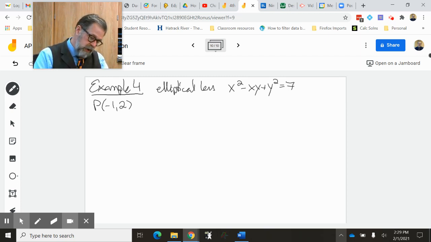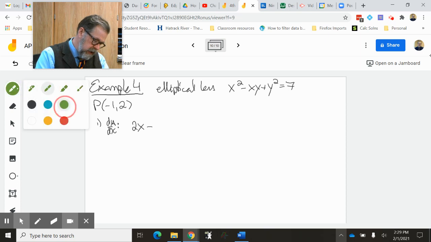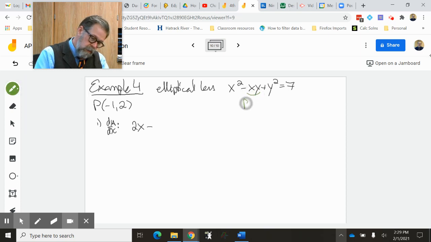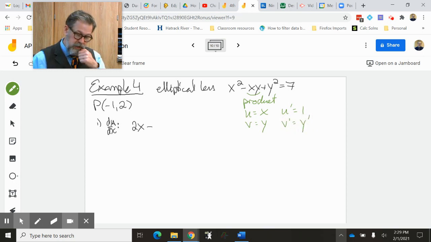Instead, what we're gonna do is, step 1, take the derivative with respect to x. So we've got 2x minus, well, now we're gonna need right here a product rule. u is equal to x, v is equal to y, the derivative of u is 1, the derivative of v is dy/dx.